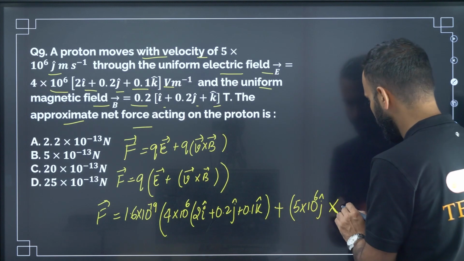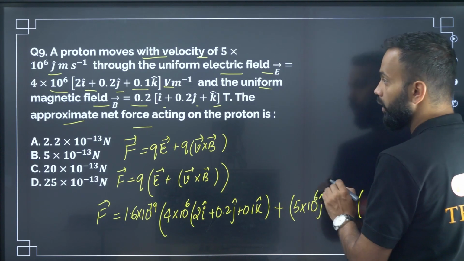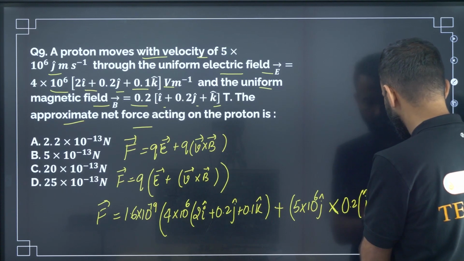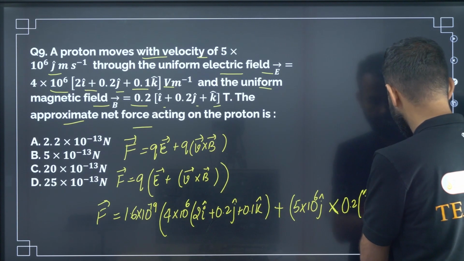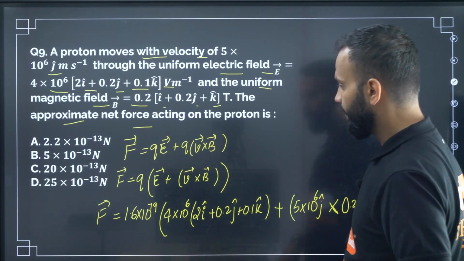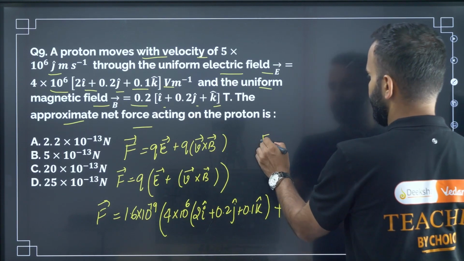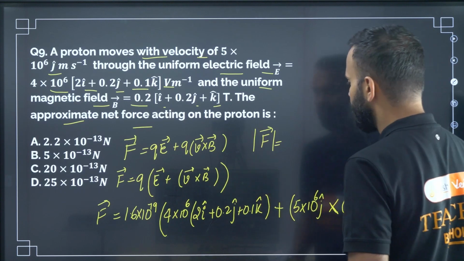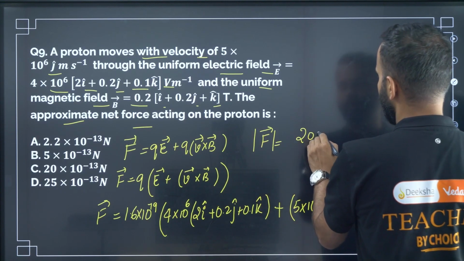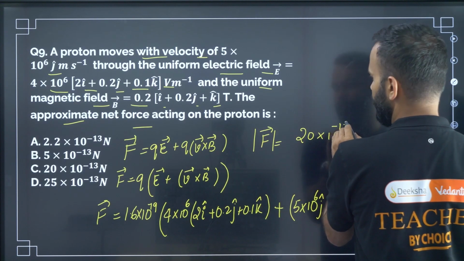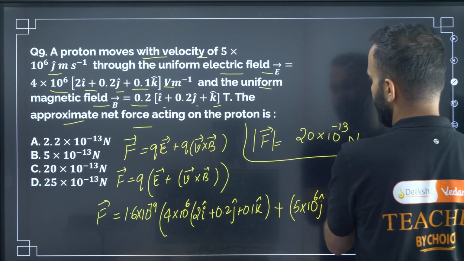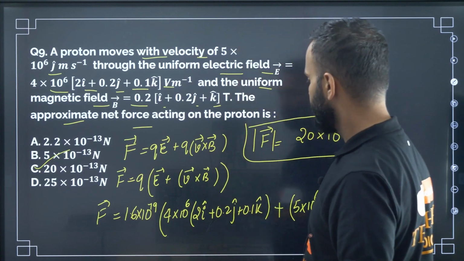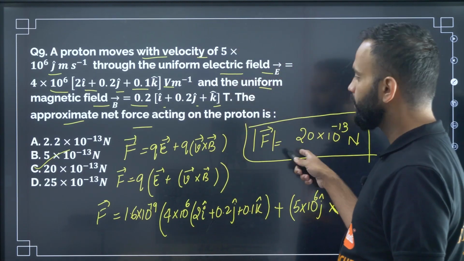B vector is 0.2 i cap plus 0.2 j cap plus k cap. Now solve this, you will get the F vector. The magnitude of the F vector is equal to 20 into 10 to the power minus 13 Newton. So the correct option is C. Solve this, you will get the approximate value.